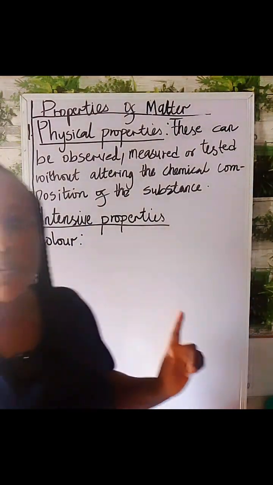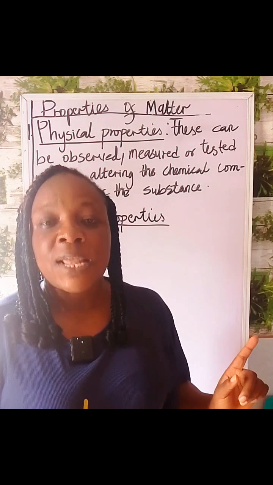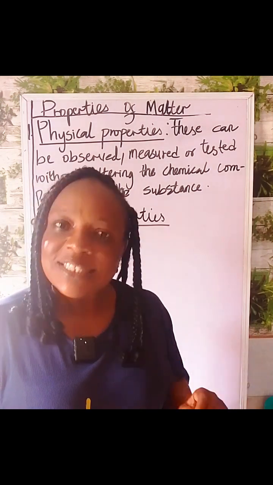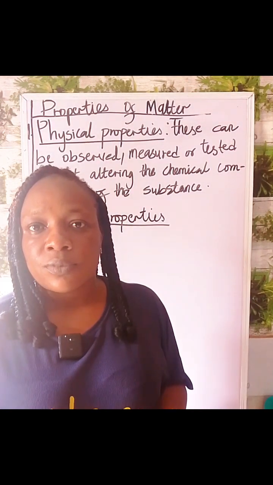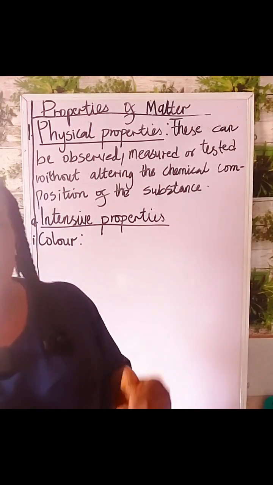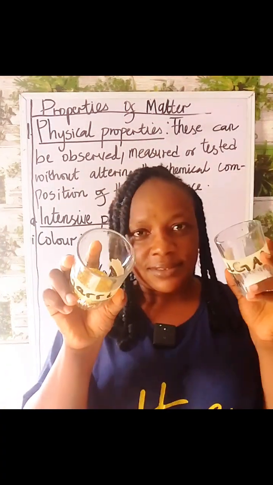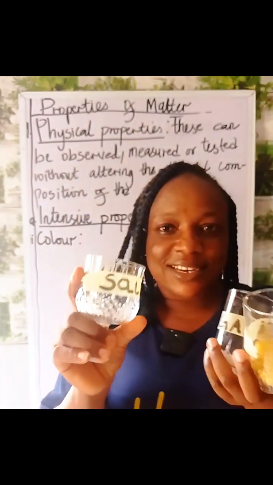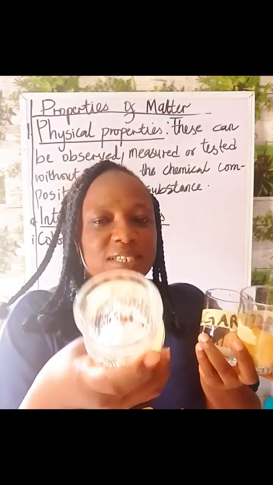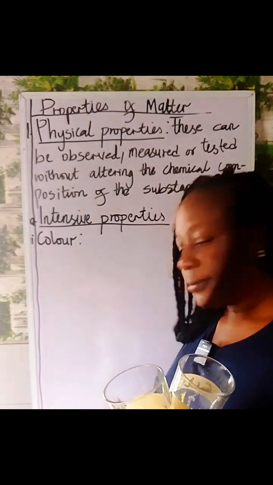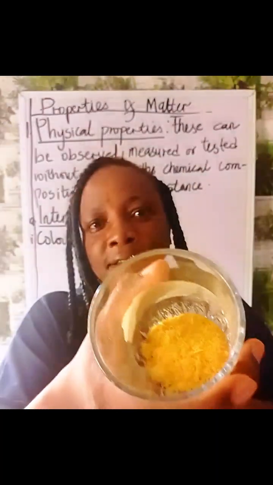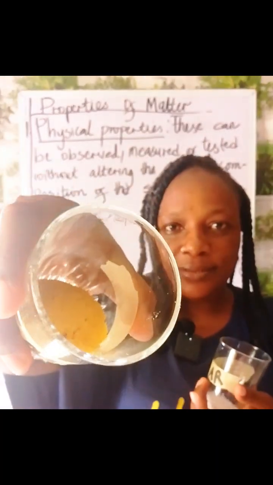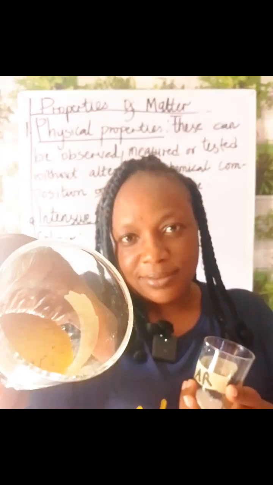The color of a substance is a physical property, an intensive property inside physical property. When you get a substance, you identify it by its color. This is a substance, and this is a substance. This is a substance. These are three different substances. Now listen, this is salt. Now listen. This is gari, cassava flour, a type of cassava flour.